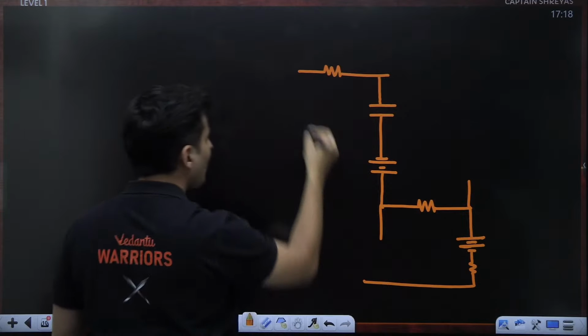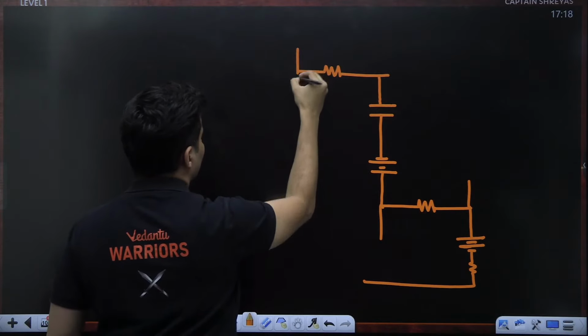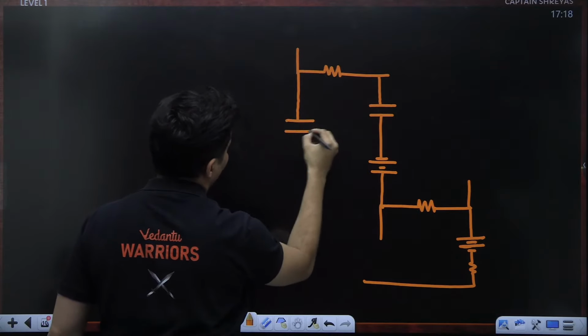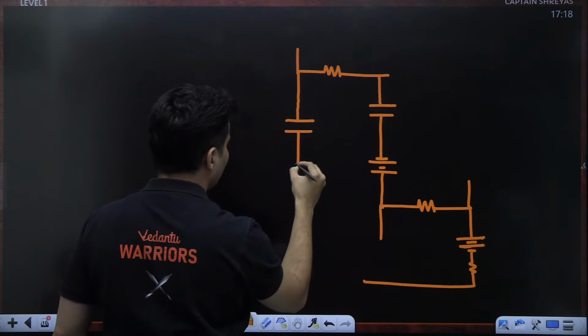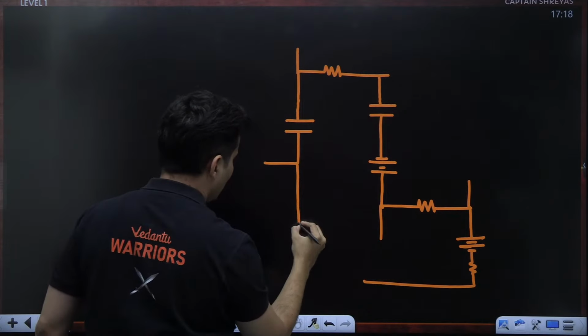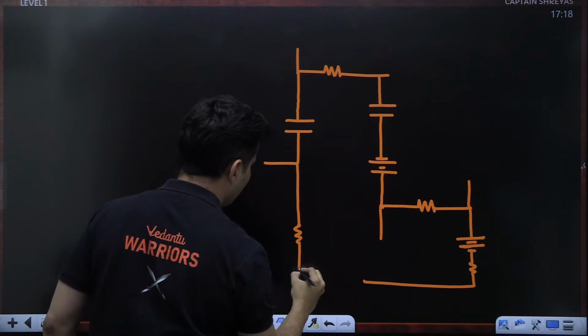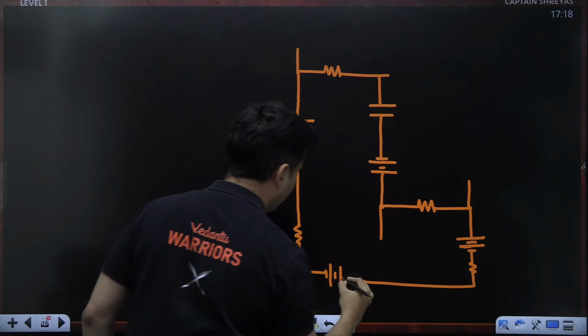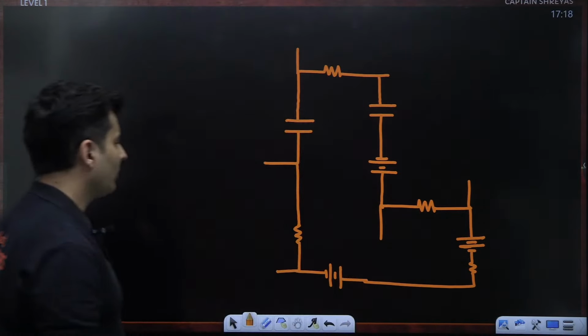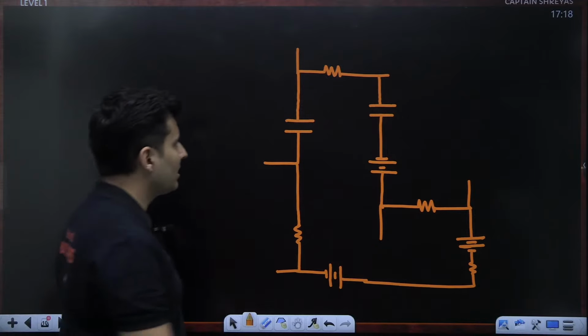And maybe another capacitor over here, a resistor here like this, and maybe a battery over here like this. So this is a random circuit which I have taken.